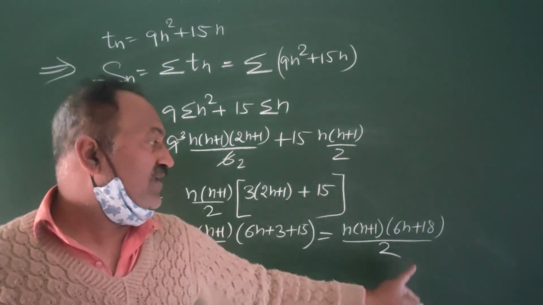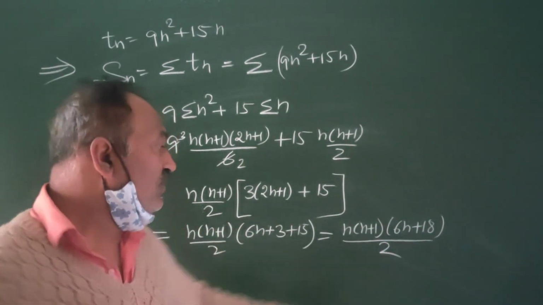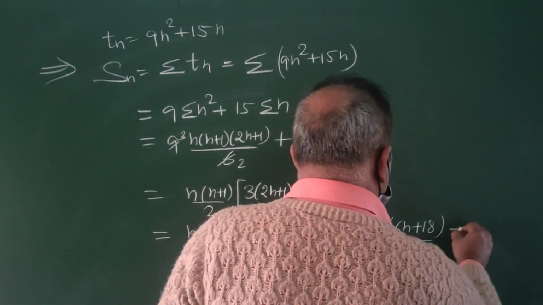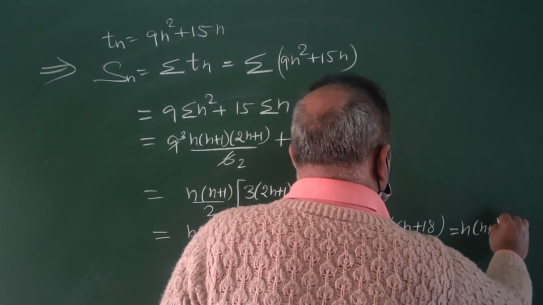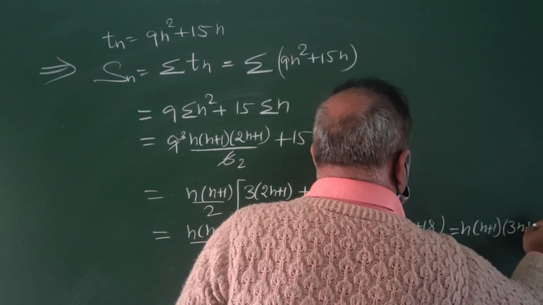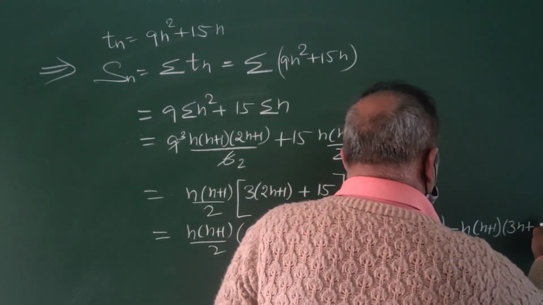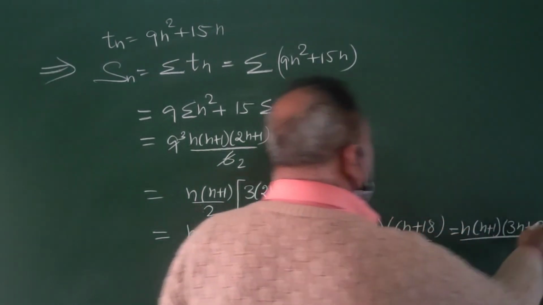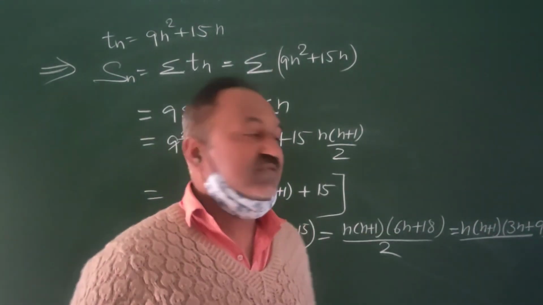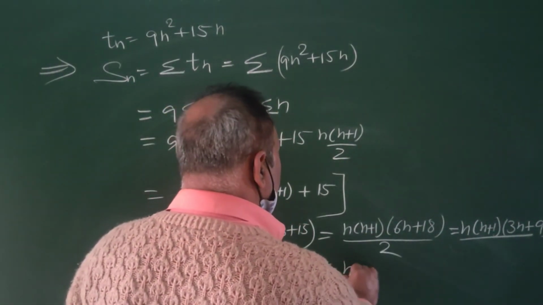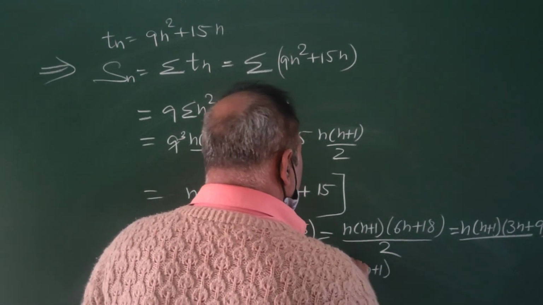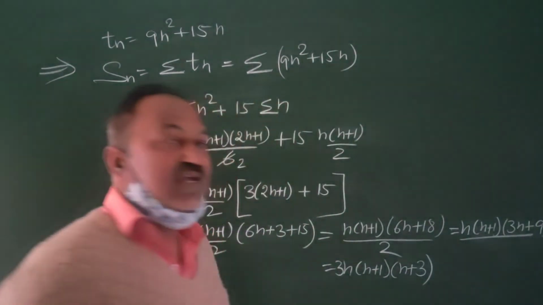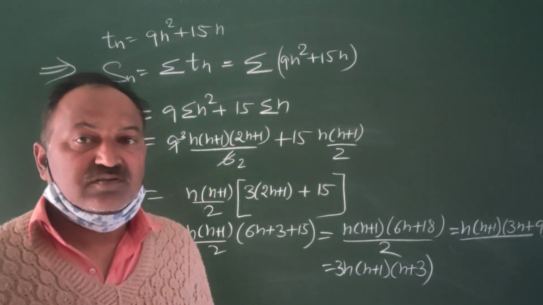Taking 6 common, dividing 6n plus 18 by 2, we get the answer, and that is equal to n into n plus 1 into 3n plus 9, and that is the answer of this question. You can take 3 also common from this, and the answer will be equal to 3 into n into n plus 1 into n plus 3. That will be the answer of this question. That's all.